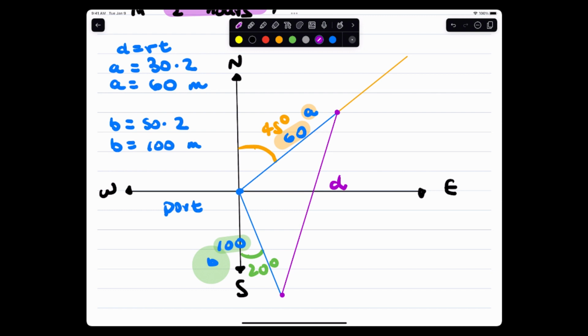So why am I calling this a law of cosines situation? Does anybody know? Why is this law of cosines? What kind of situation is this? Well, you might say, I'm going to make the claim. This is side, angle, side. And you go, really?